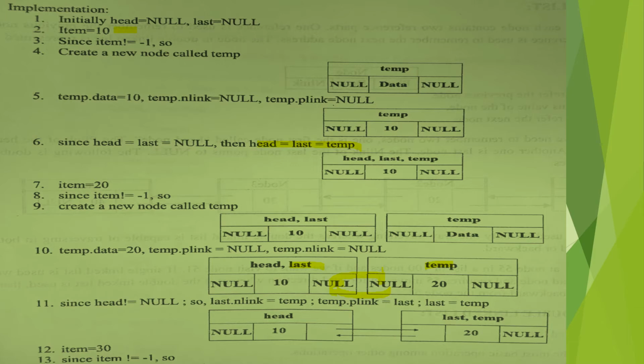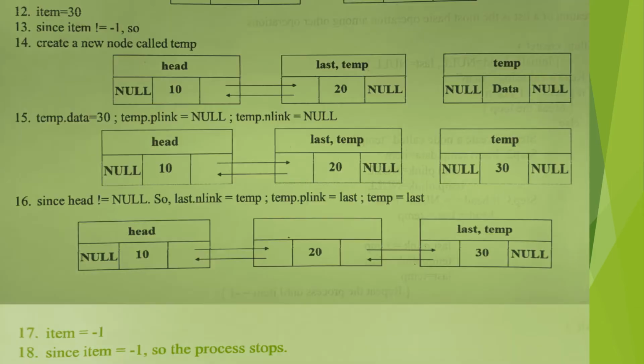In the same way, we can insert as many values as we want into the double linked list until and unless we give -1 value. In the same way, I have inserted 30 element.